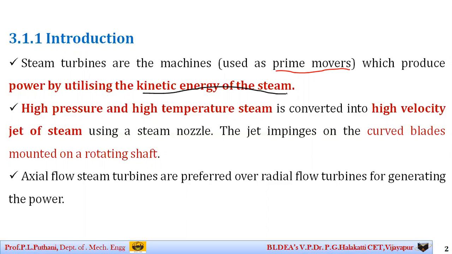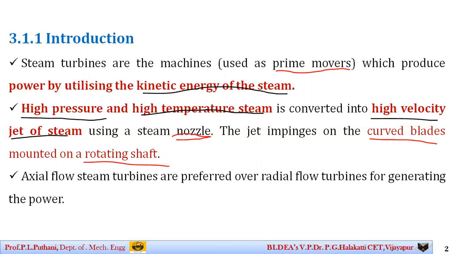So the incoming kinetic energy of the steam plays a very important role. The steam has high pressure and high temperature, and this is converted into a high velocity jet of steam when it passes through a device we call a nozzle. The nozzle is responsible for increasing the kinetic energy of the incoming steam from the boiler, such that with a higher kinetic energy, when it strikes the curved turbine blades, it causes them to rotate on a rotating shaft.